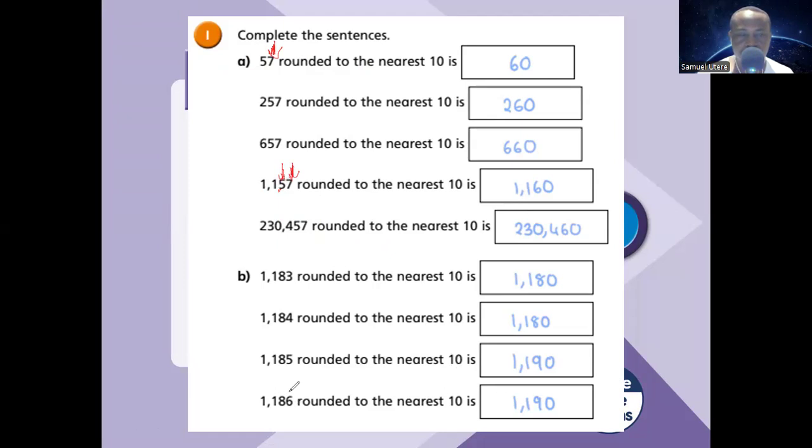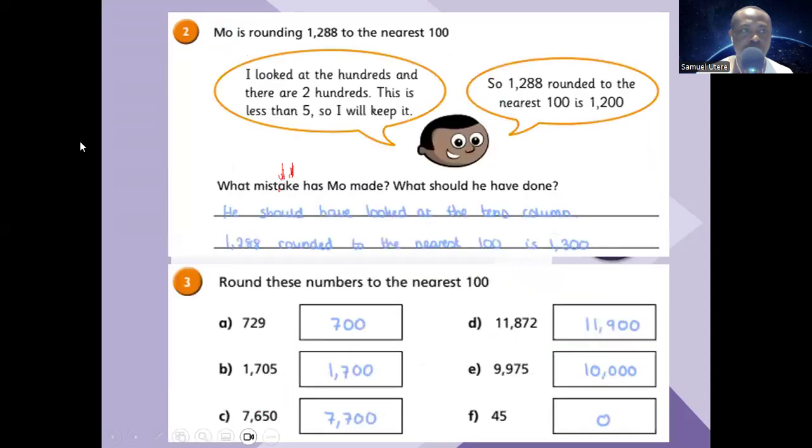We focus on the ones, which means that will round to the nearest 10 higher up, which is 1190. It's a very important skill. Okay, let's move on. So make sure you mark your work and you celebrate your success.